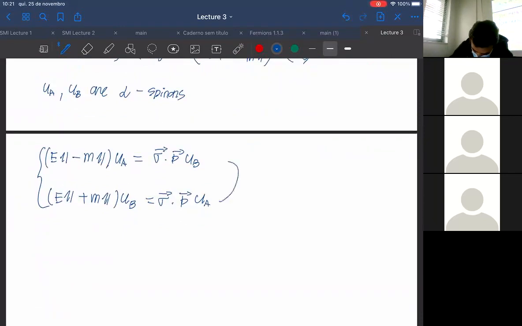So we can replace the second equation in the first and get that UA is going to be equal to basically sigma dot P squared over, I will remove the identities now, E squared minus M squared, UA.